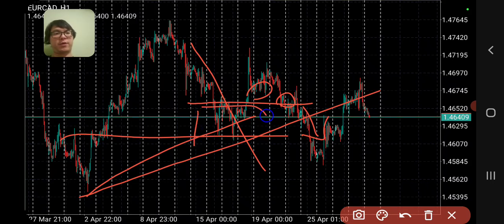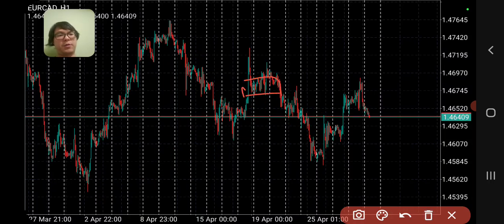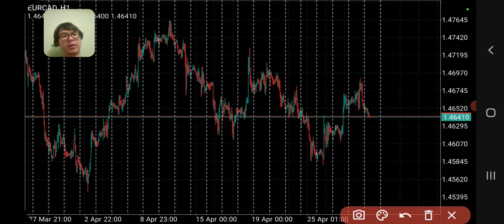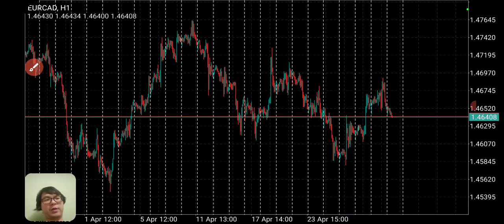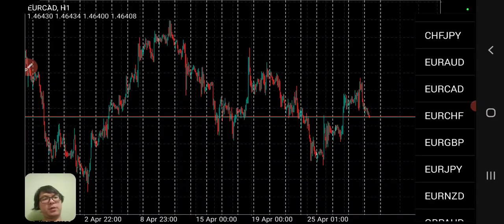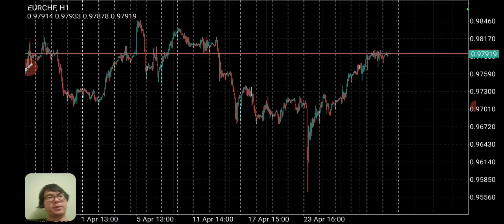So this dimension 5 area is not a very good one to entry long if we hit this area for the support, because when we hit the dimension 5, we always want to see a very good trend line that's been supported, which we do not have. Okay, that is another sign to go the trend direction that you liked when you hit the dimension 5. Euro CAD. Next one, Euro Sweets.